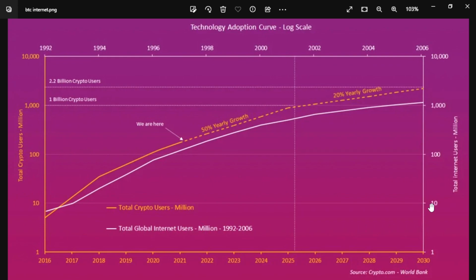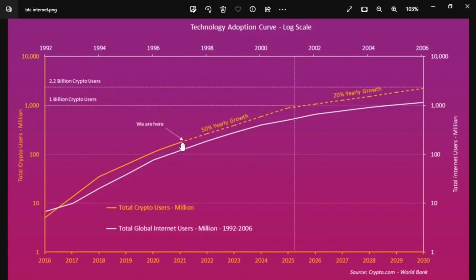So we had 10 million people back here when the internet was around in 1993. Again, just look at these white lines for the chart. You can see it reached 100 million users around 1997, so only after 5 years of being around. And then it reached a billion users around 2004, 2005, around 12 years after it started.